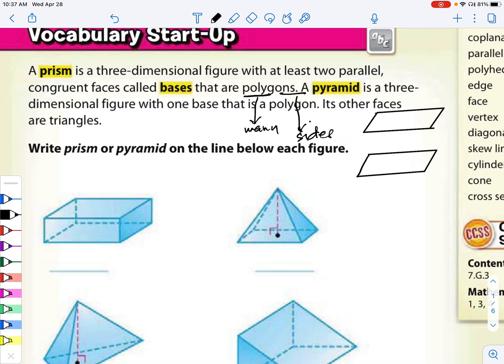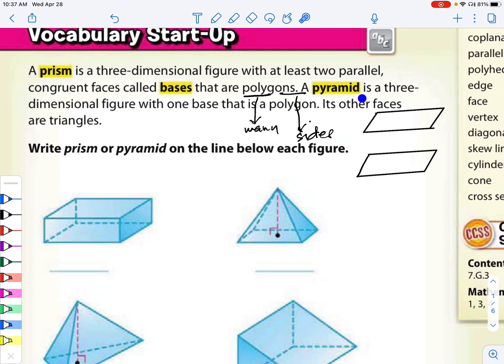That's what we call a polygon. Going back here, a prism is a three-dimensional figure with at least two parallel and congruent faces called bases. These are called your bases. They are polygons. In this case, this is a quadrilateral. That's what a prism is.